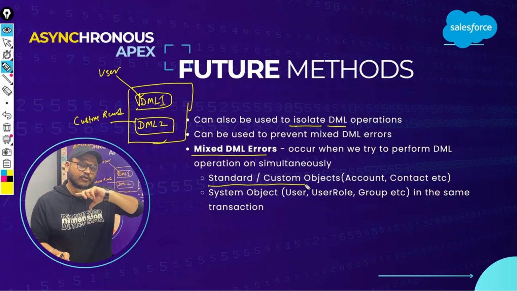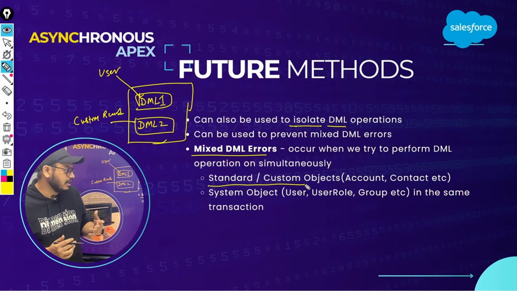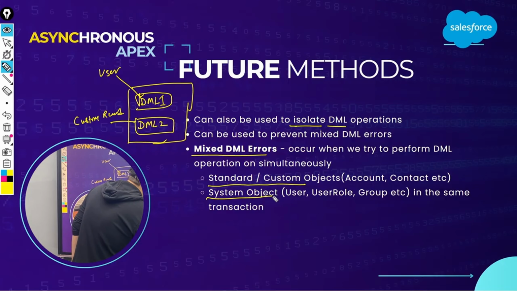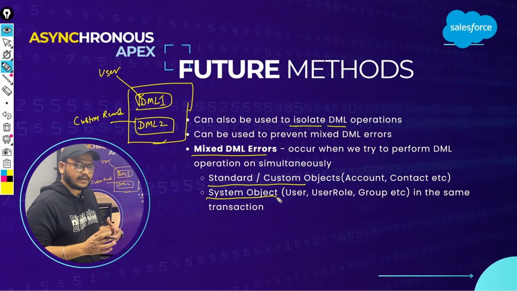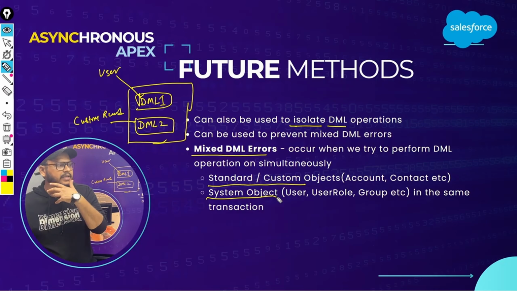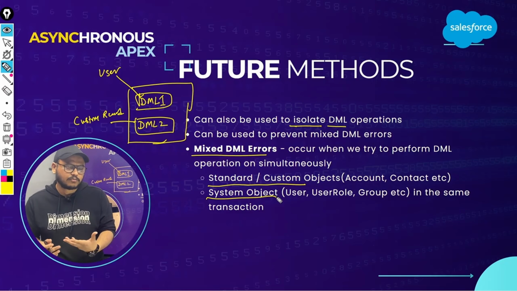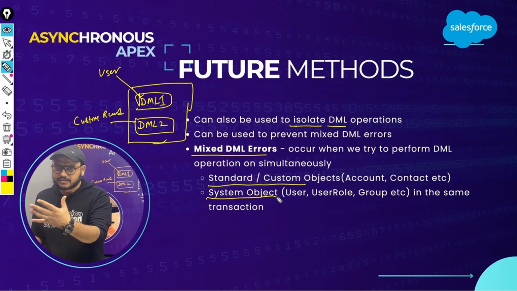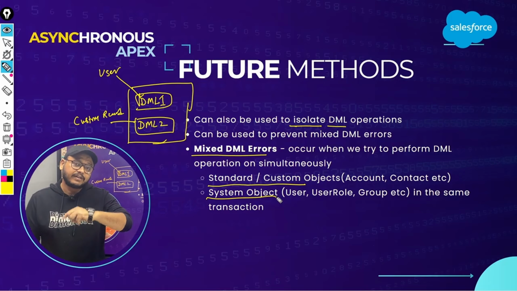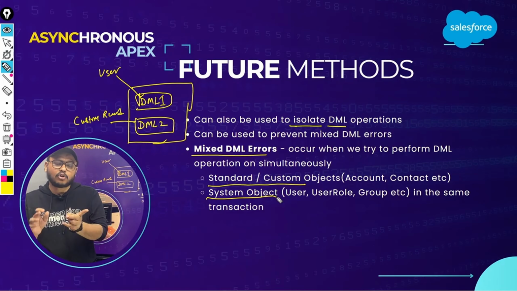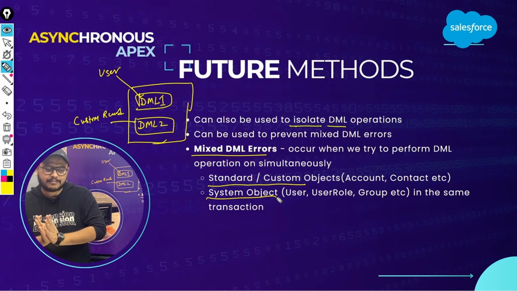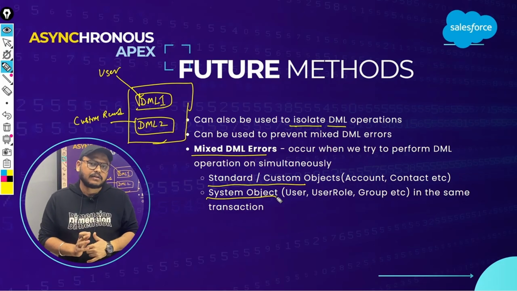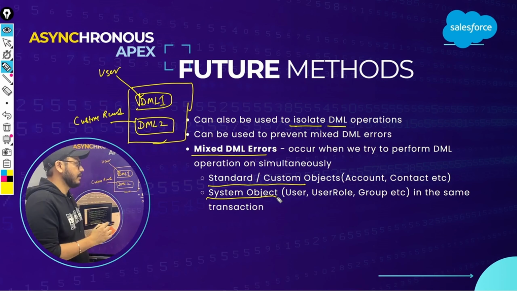So when you're trying to perform a DML on a standard or a custom object along with a system object, so these are two different types of objects that we have. We have the standard or the custom object, and then we have some certain system objects. System objects are the objects like your users, user role, group, profile, etc. So if you're trying to perform a DML on both the types of object at the same time, then Apex throws a mixed DML error.